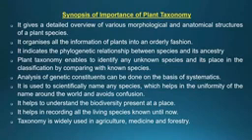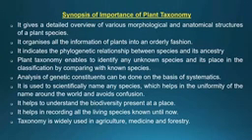Synopsis of importance of plant taxonomy. Now, from all the discussions about importance of taxonomy, we come to the conclusion that taxonomy gives a detailed overview of various morphological and anatomical structures of a plant species.